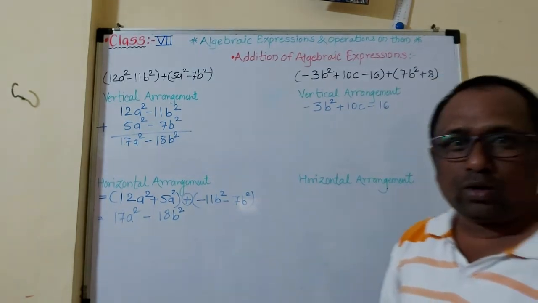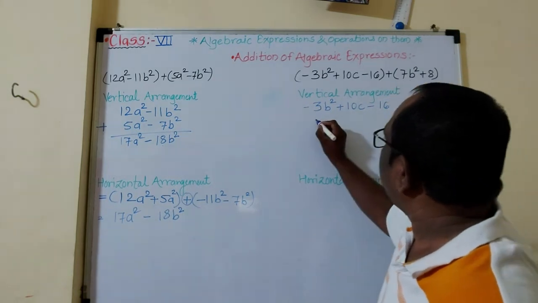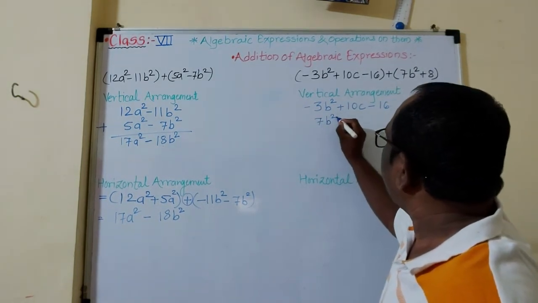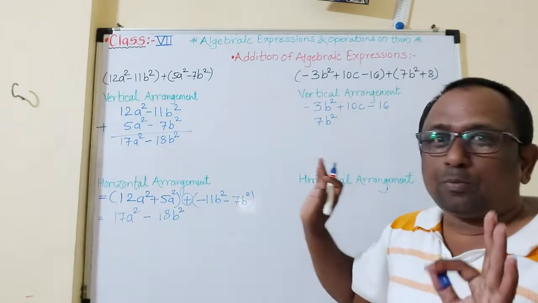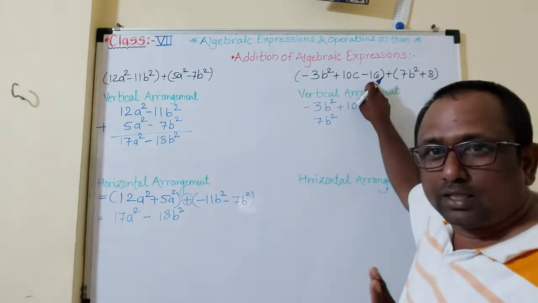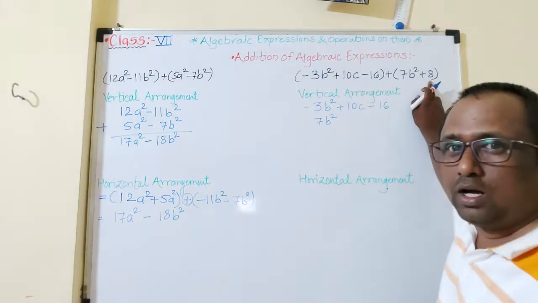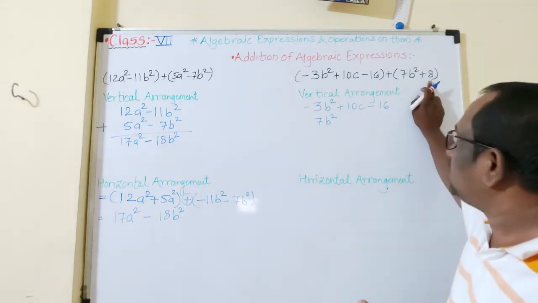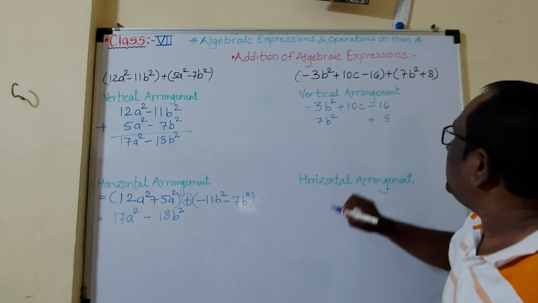Now the like terms we have to write. 7b square, so we write 7b square here, then plus 8. No c is there, so plus 8. Here no variable, only a coefficient is given, so we have to write plus 8.